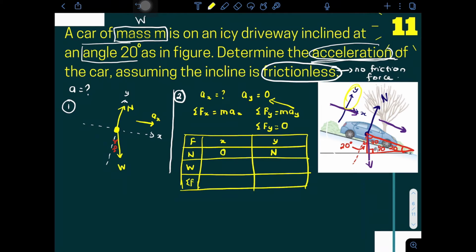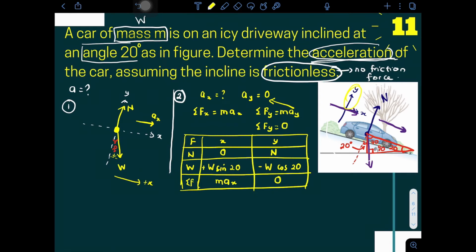For W, the X component is in the opposite direction to your angle, so W sine 20 is positive, because the X component is positive X over here, and the Y component is W cos 20.